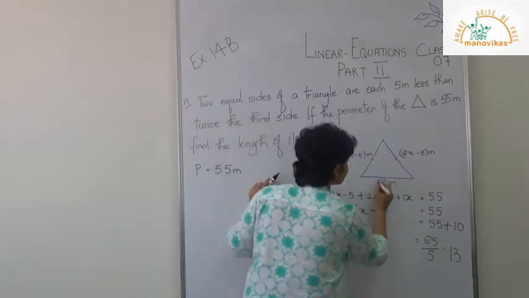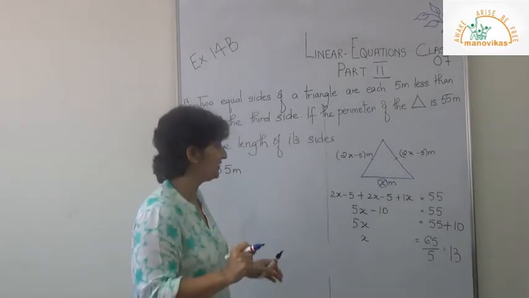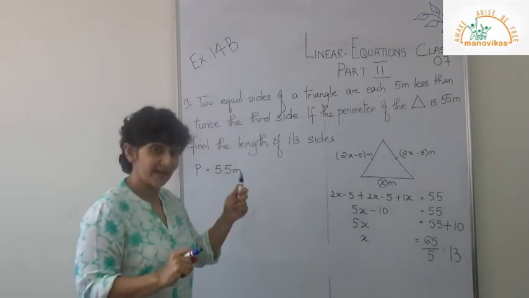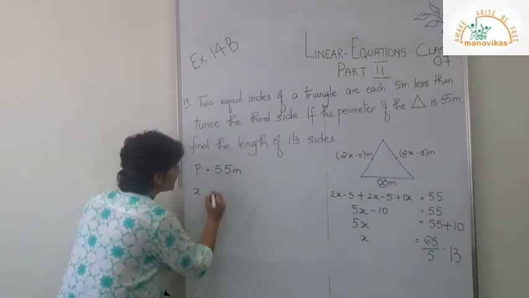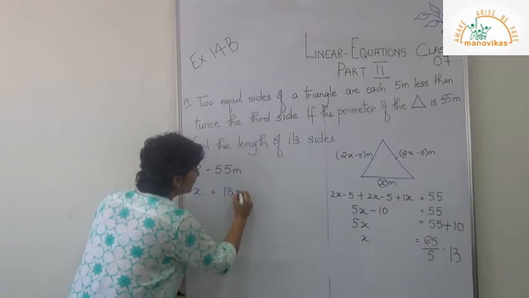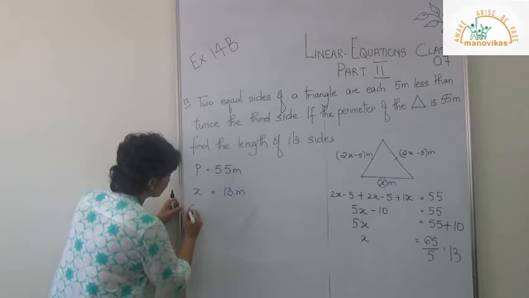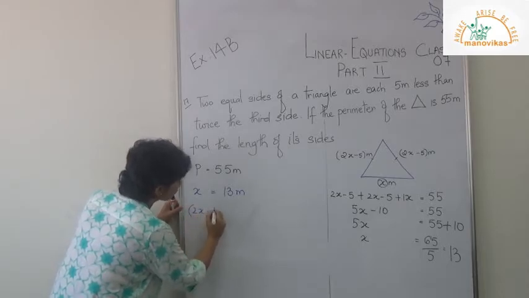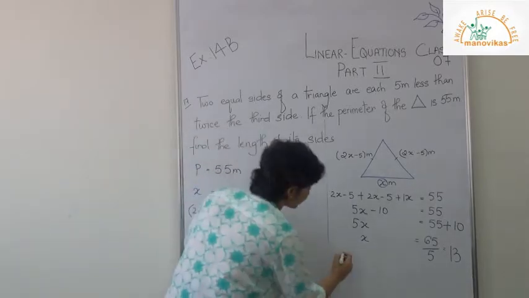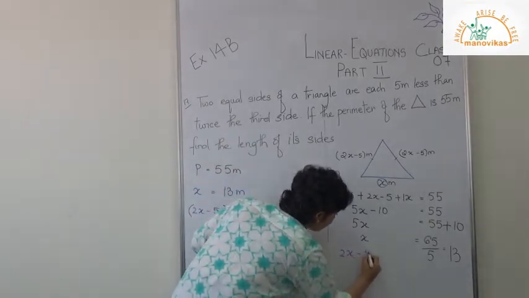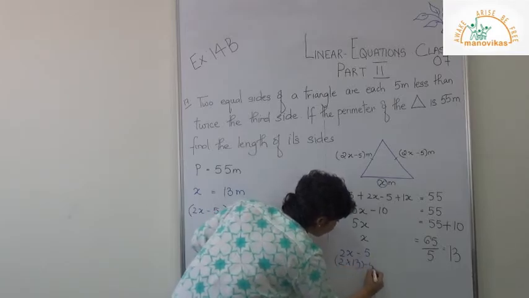So your third side, x, is equal to 13 meter. So which are your two equal sides? 2x minus 5. Let's find out what is that. 2x minus 5. 2 into 13 minus 5.